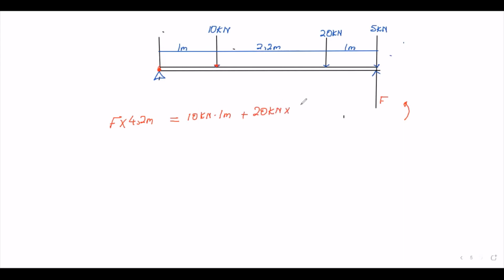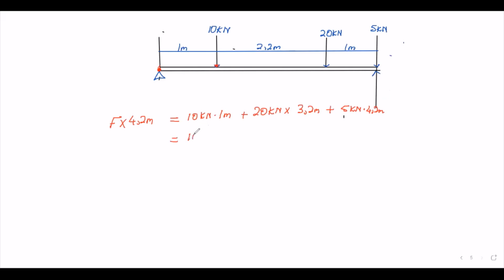You multiply by 3.2 meters plus 5 kilonewton multiply by 4.2 meters. So all what is left is for us to do some arithmetic.